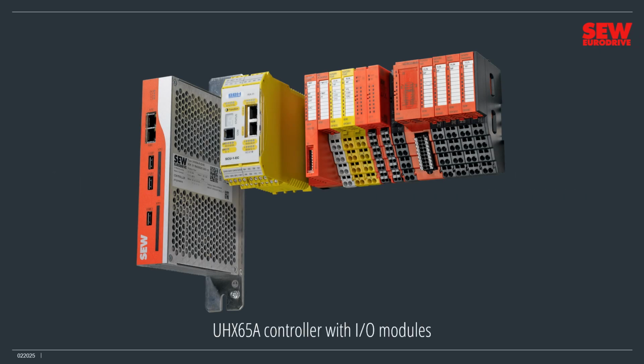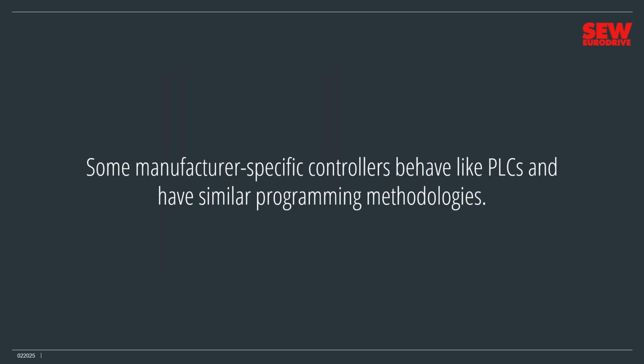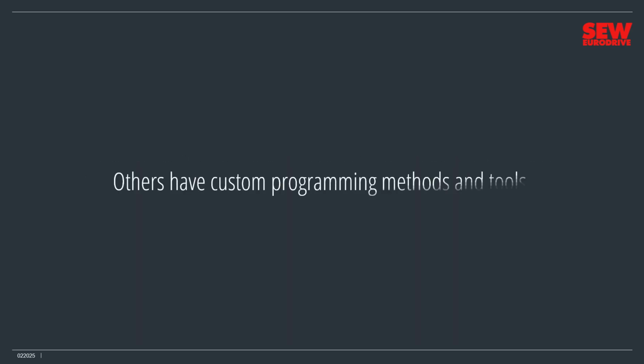This SEW Eurodrive UHX65A controller, for example, pairs with multiple DIN rail-mounted I/O modules over its S-Bus Plus system bus. Some manufacturer-specific controllers behave like PLCs and have similar programming methodologies. Others have custom programming methods and tools.